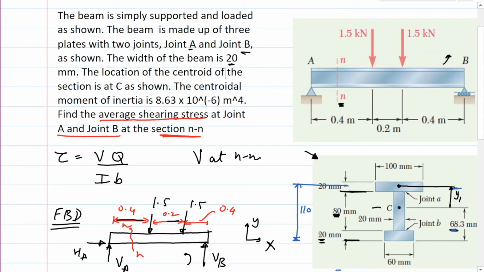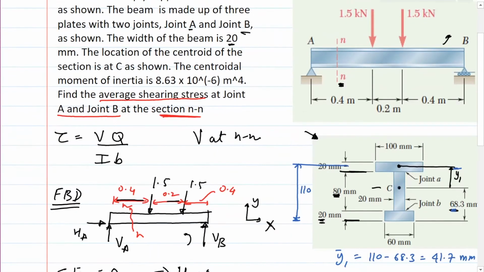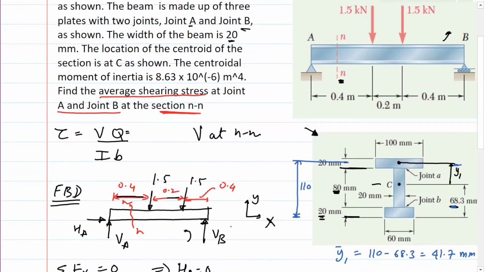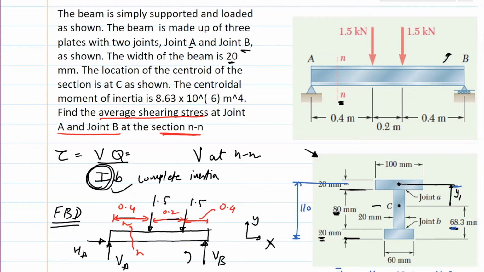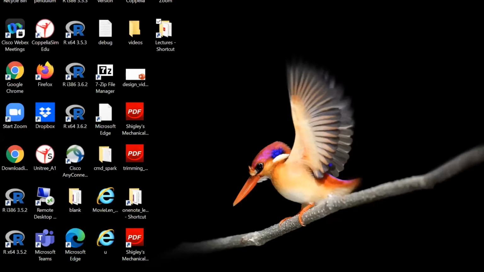The integral in this case is for the cross section area, but this inertia is the complete inertia. And we can trace back where it comes from.